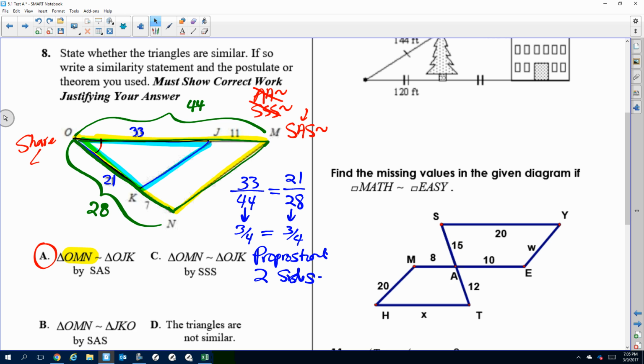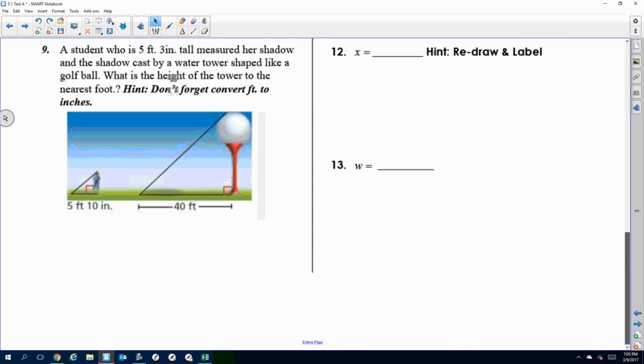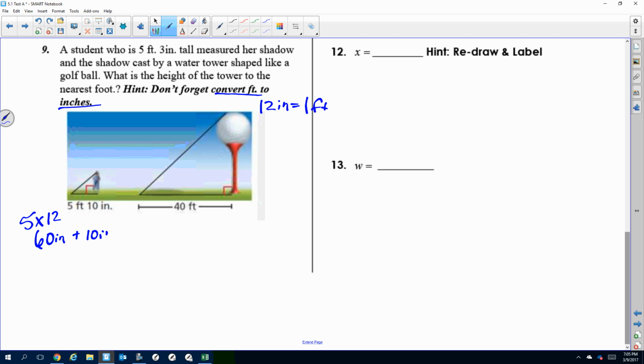And the other problem would be number 9. Think proportion, think conversion. It said up here, don't forget to convert your feet to inches. There are 12 inches in 1 foot. So if I have 5 feet and 10 inches, I have to do 5 times 12 first to give me 60 inches plus the 10 inches that's there.